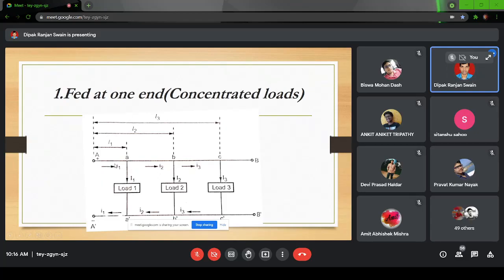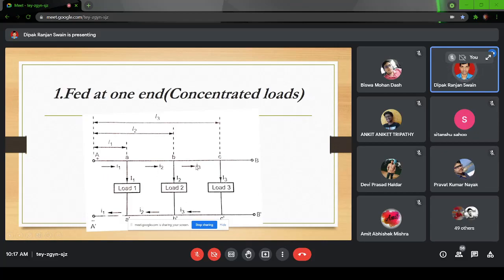Now see the voltage effect of that. Here the drop will be I1 plus I2 plus I3, whole into the resistance of this line. Here the drop will be I2 plus I3 into the resistance of this line. And similarly, the drop here will be I3 into the resistance. So as you move from the feeder end, the voltage at C will be somewhat less than at B, and the voltage at B will be somewhat less than at A. This is a practical case of your radial system.